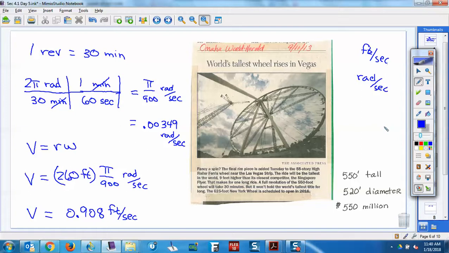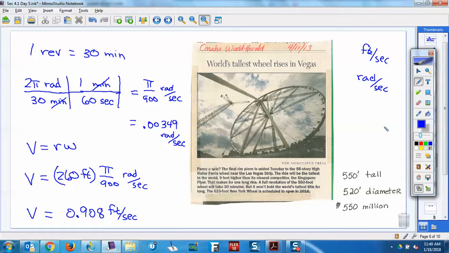So there's the Ferris wheel. It's .908 feet per second and pi over 900 radians per second, or 0.00349 radians per second.